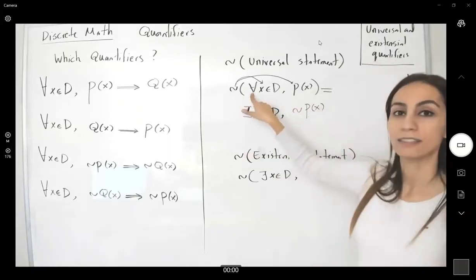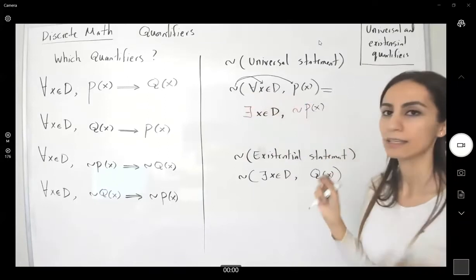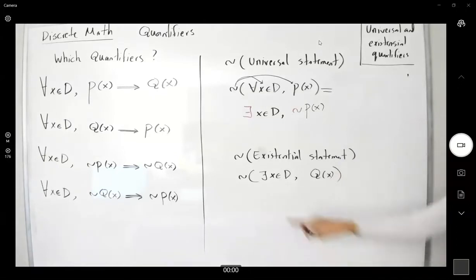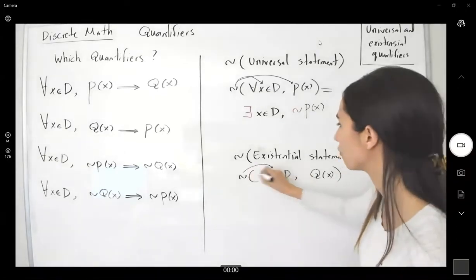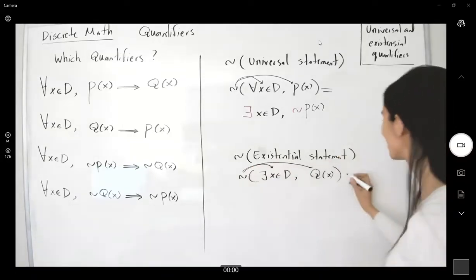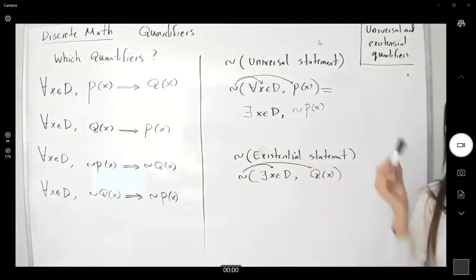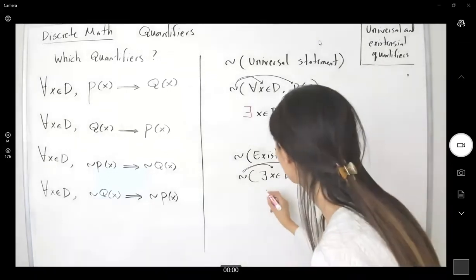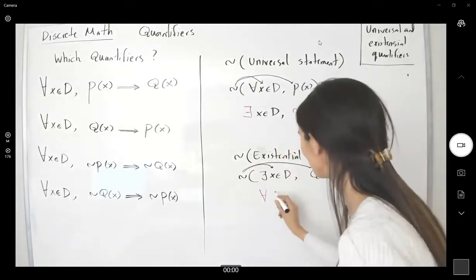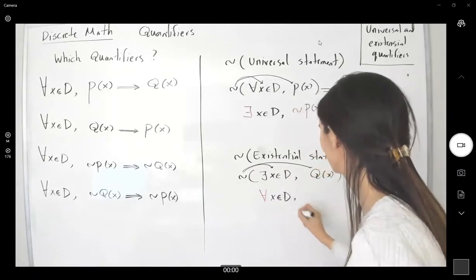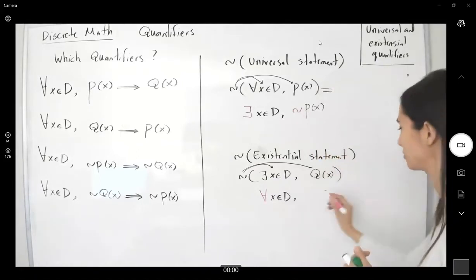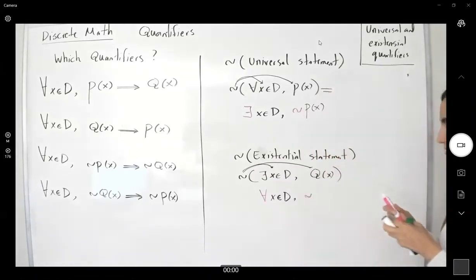You are negating the quantifier itself and you're negating the predicate itself as well. The same here. The negation is distributed over parentheses. The negation of existential quantifier is universal. So it's going to be for all, for any x in the domain D, not Q of x. So we're going to negate two things.